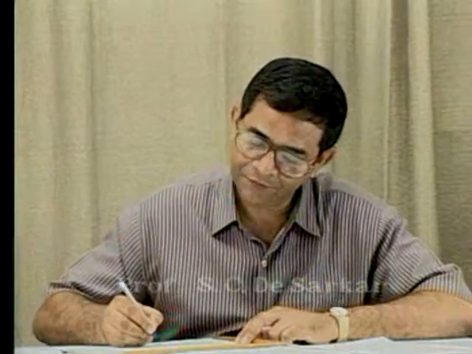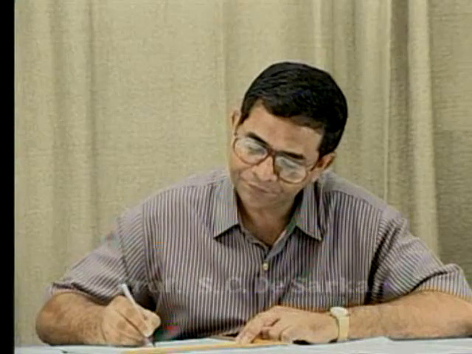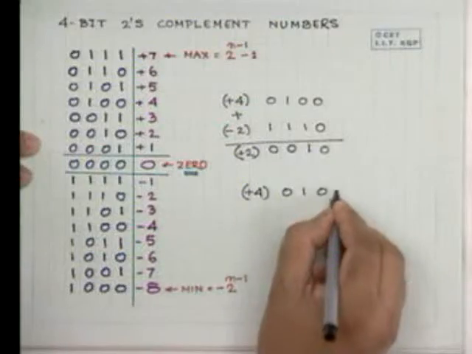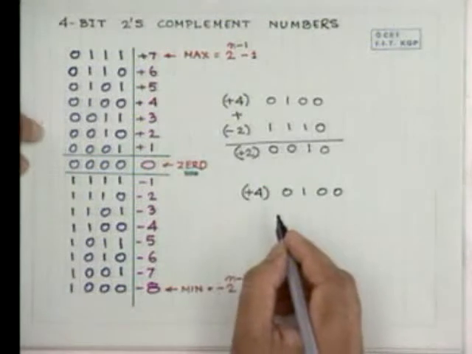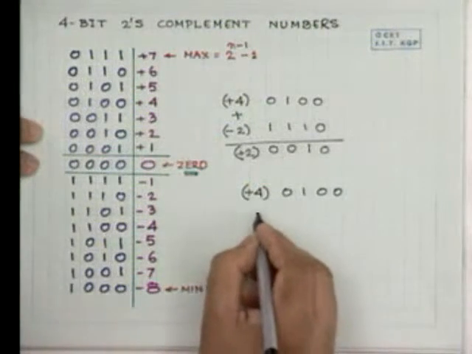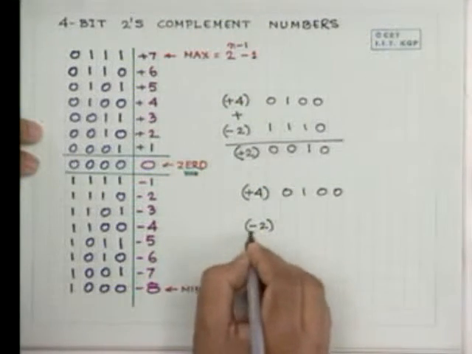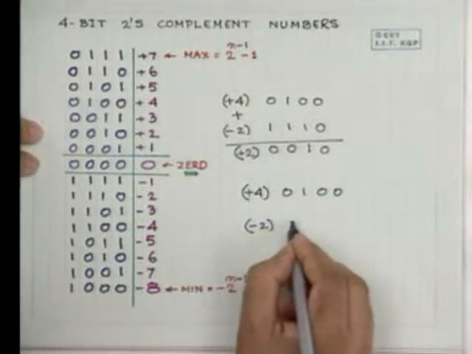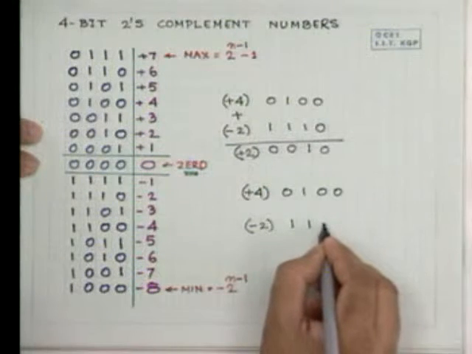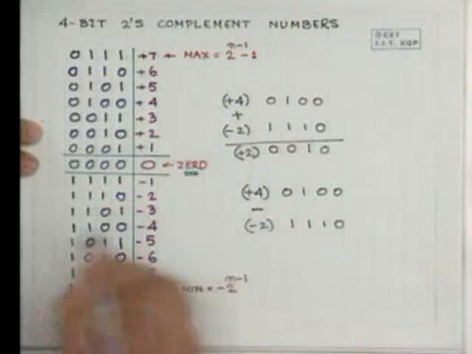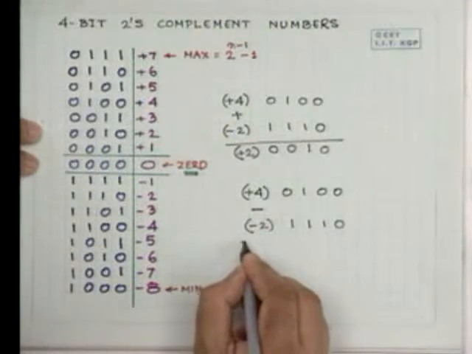Now, let us see another example where we have plus 4 represented by 0 1 0 0, and a minus 2, say minus 2 once more is 1 1 1 0, and say you want to do a subtraction.